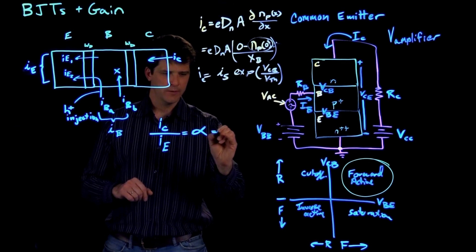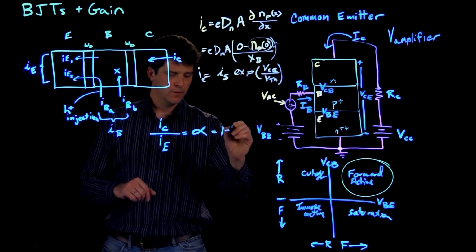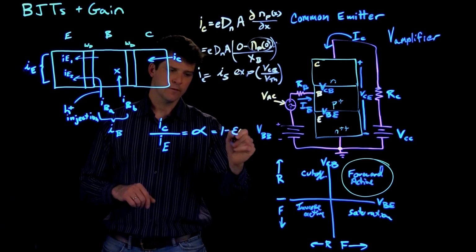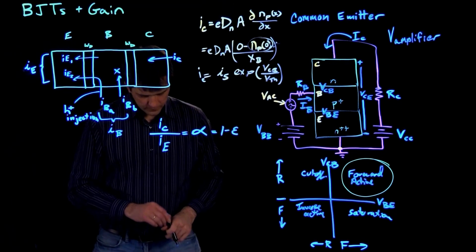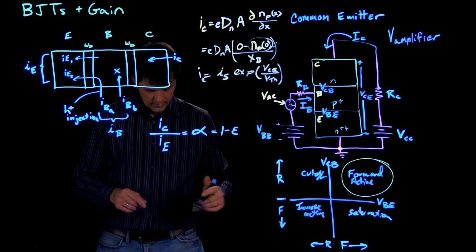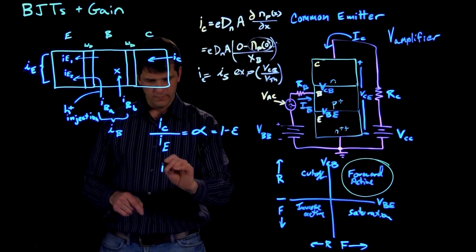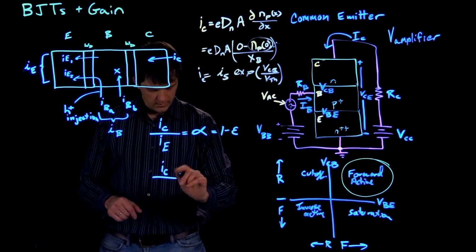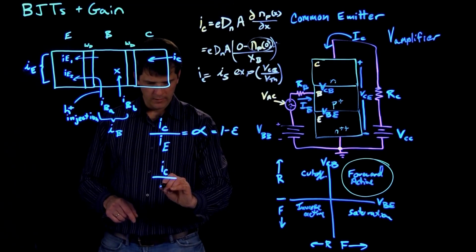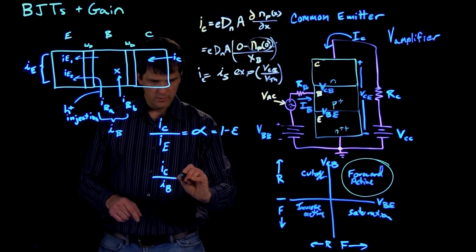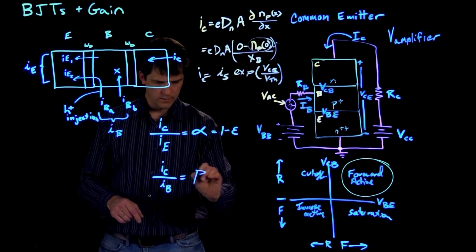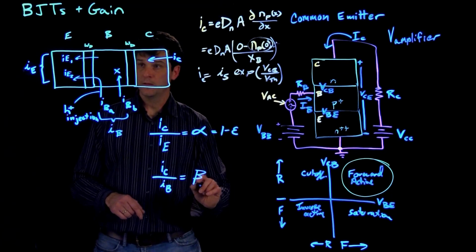And we can write this as 1 minus a very small factor epsilon. Now, in the common emitter configuration, we can define a different gain, IC over IB, and this is beta.